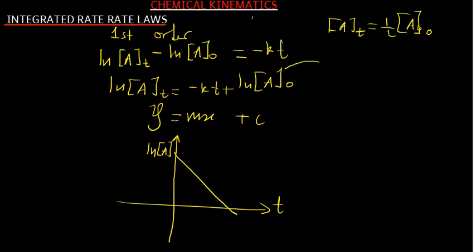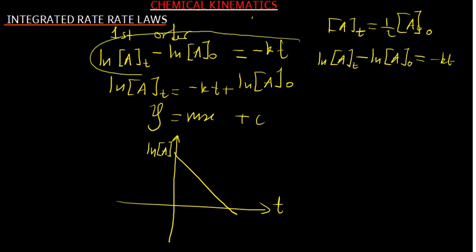Now, just getting this equation which we have here, we're going to take this portion the other side. So we're going to remain with natural log of A at a certain time t minus natural log of A initially, and that is going to be equal to negative kt. Anyway, what I've gotten is simply this stage which is here.